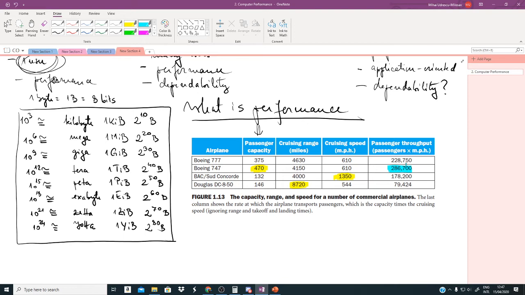So that's why, considering this hybrid indicator, namely passenger throughput, which is another concept, we are talking about speed, and here we are talking about throughput.